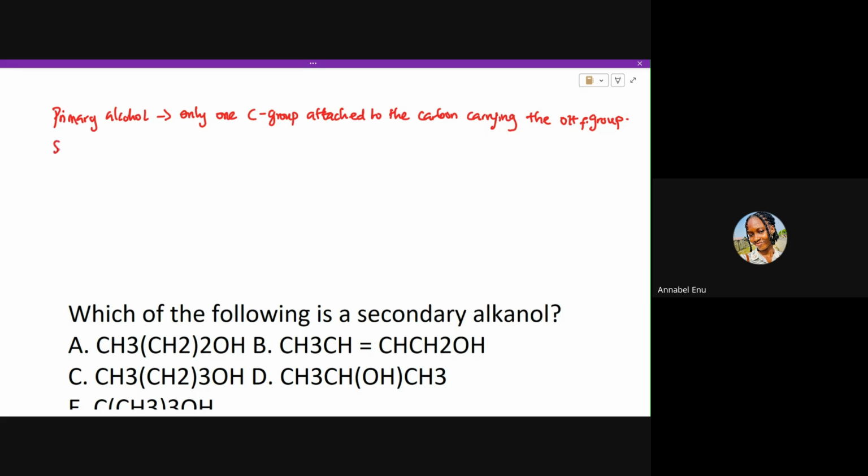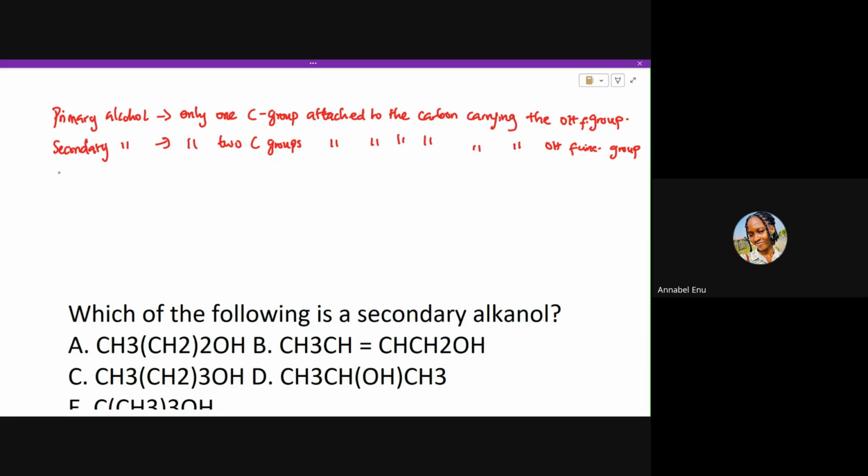Now, a secondary alcohol is one that has only two carbon groups attached to the carbon carrying the OH functional group.